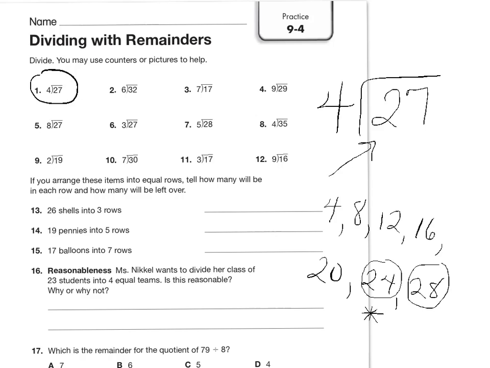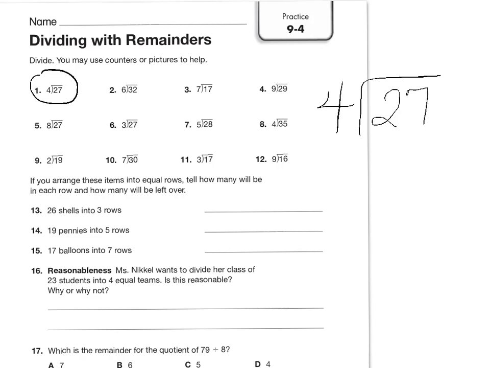Now also, if you know your facts, you do know that 4 times 6 equals 24 when we're talking about multiples of 4. So now I'm going to say, alright, I can take 6 4s out of 27 without going over.